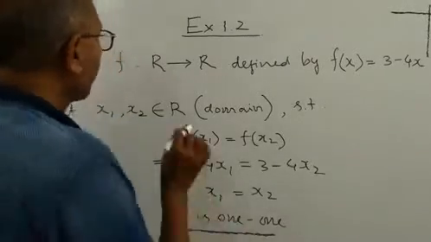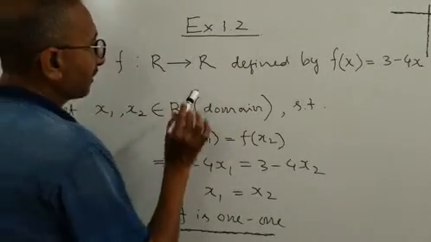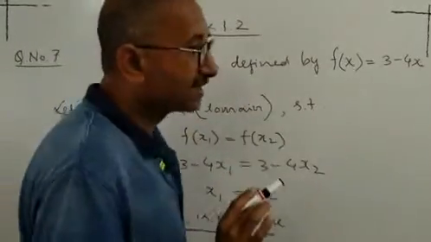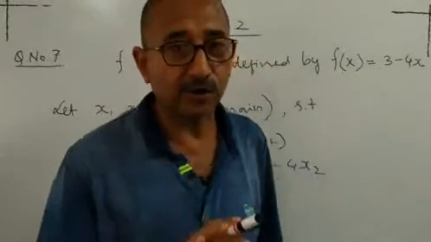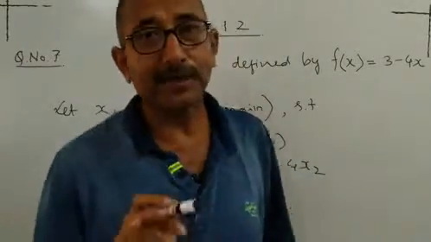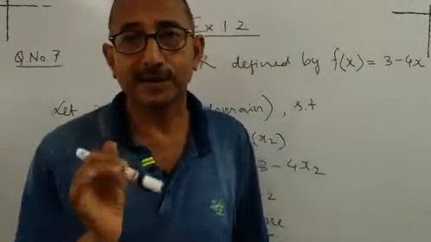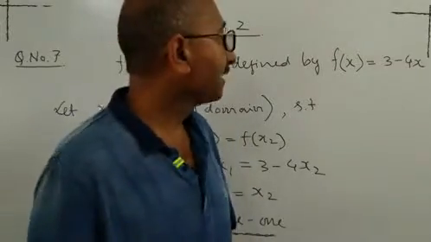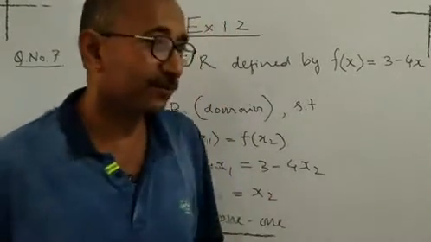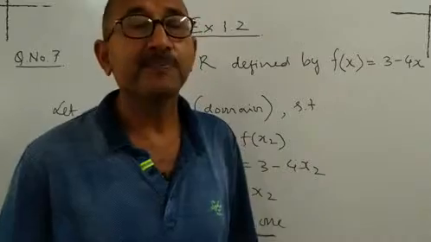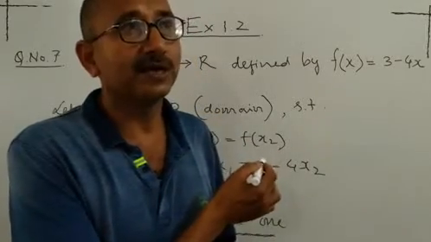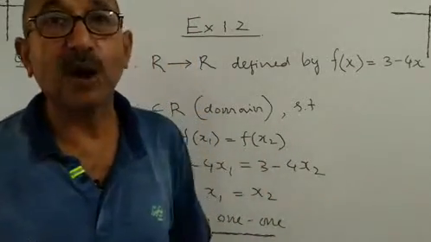First we will see whether this function is one-one or not. Yesterday in my previous class, I told you the definitions of one-one function and onto function. Now we are going to use the definition of a one-one function.